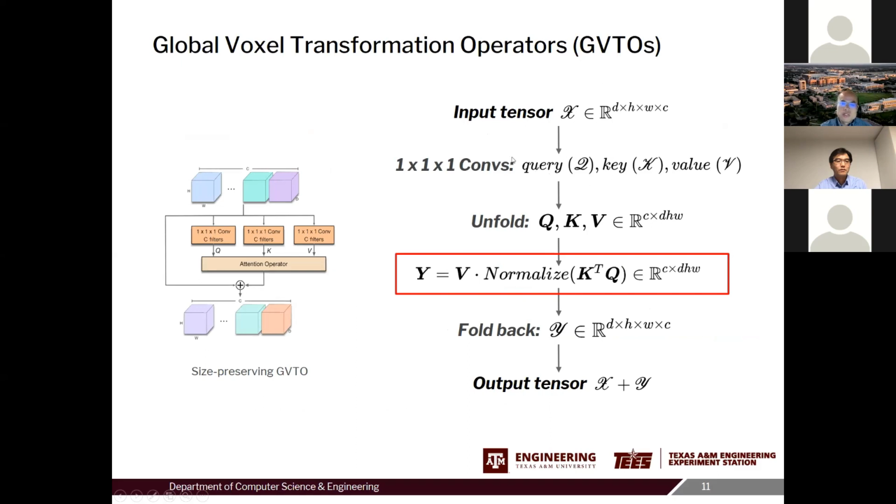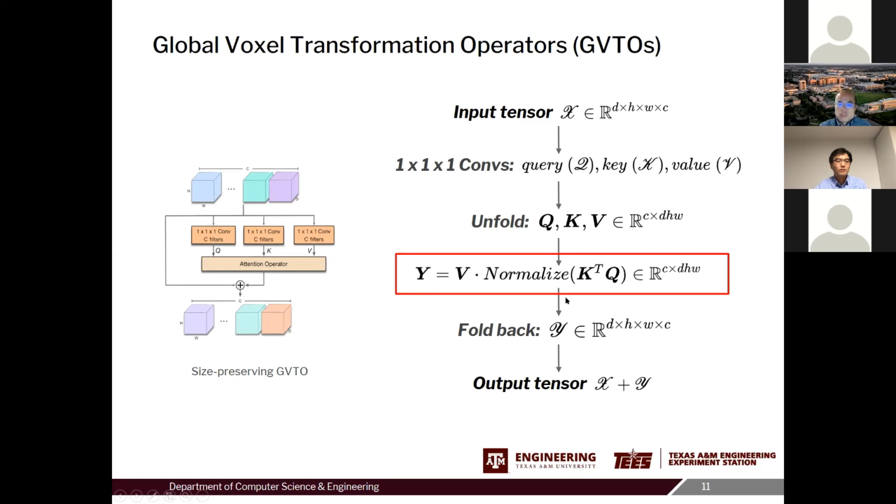You apply separate convolution operations to obtain query, key and values, and then you unfold this high order tensor into three matrices. Then you give this to the attention operator. So the operation in the red box here is simply an attention operator.